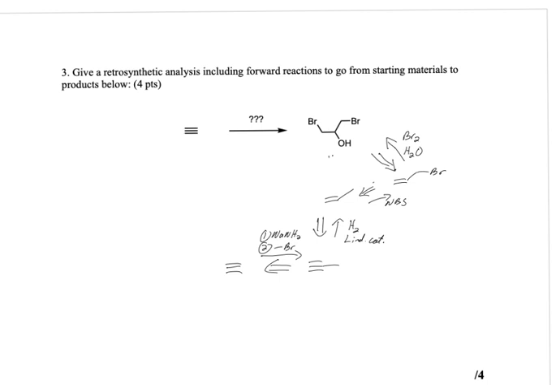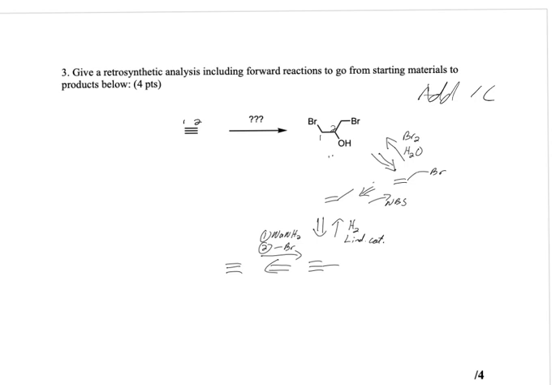So the way I would have approached this problem, I would have looked here and said, okay, there's presumably a 1,2. I need to add 1C. I start with an alkyne. I'm probably going to need to deprotonate the terminal alkyne.